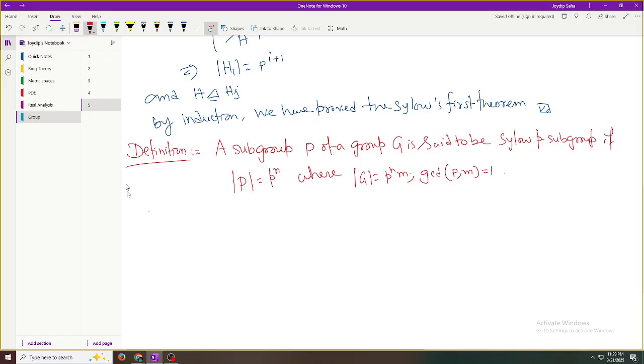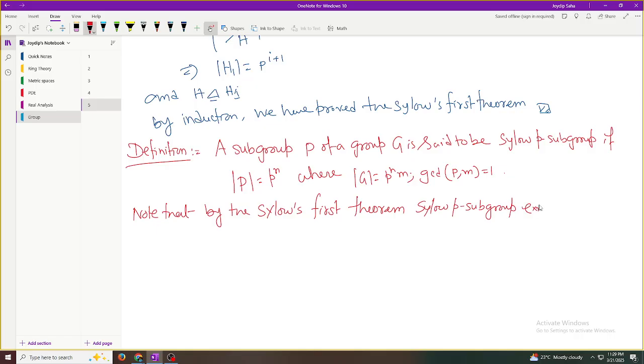Note that by Sylow's first theorem, a Sylow p-subgroup exists.